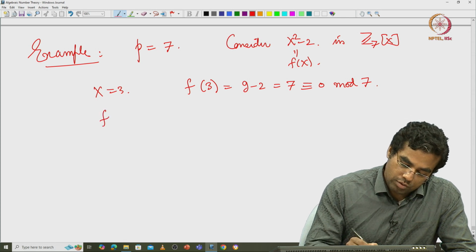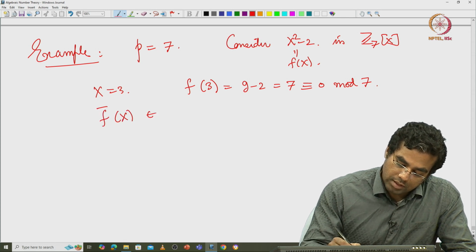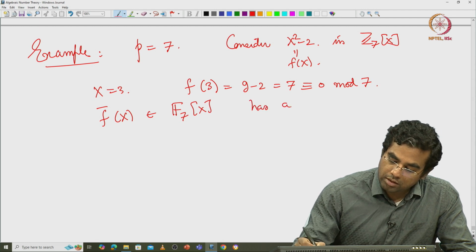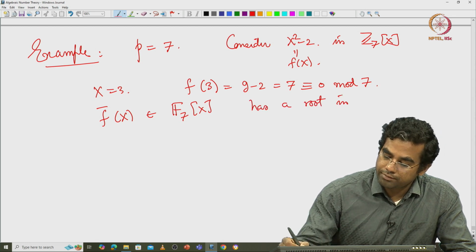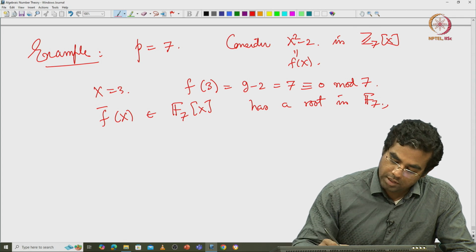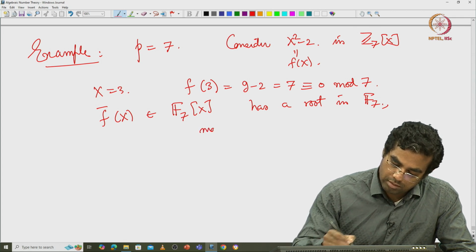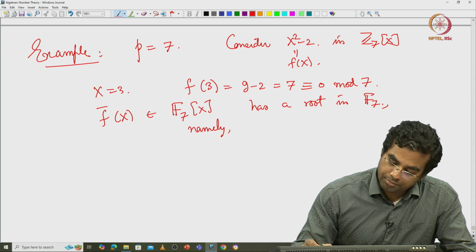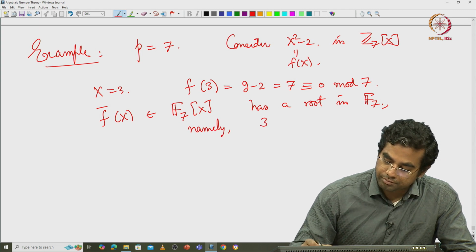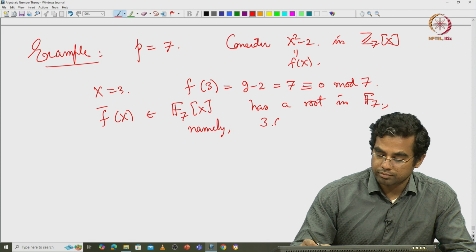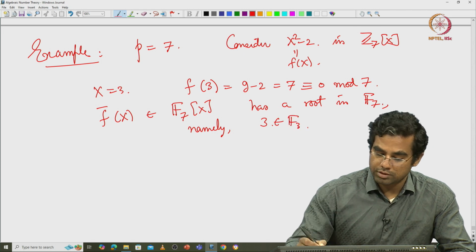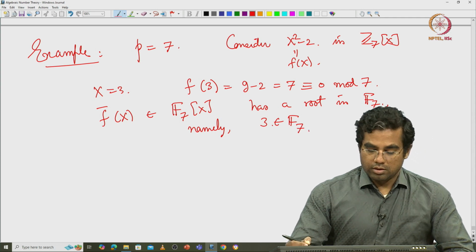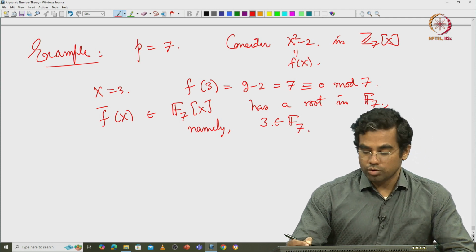So, f bar of x in F_7[x] has a root in F_7, namely 3, or 3 mod 7. Sorry, not F_3, F_7.